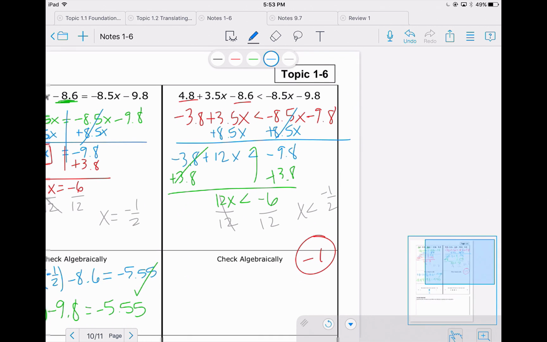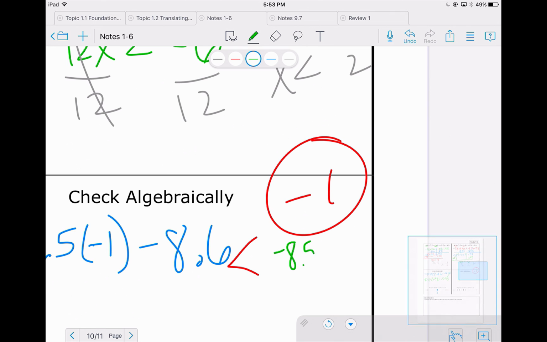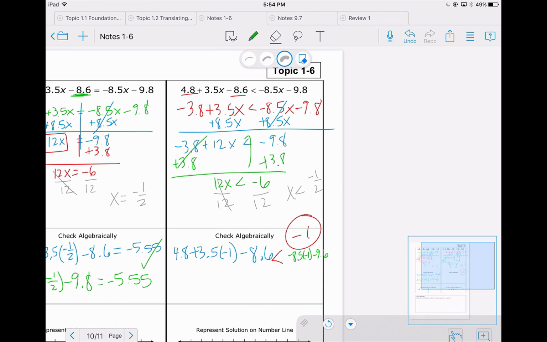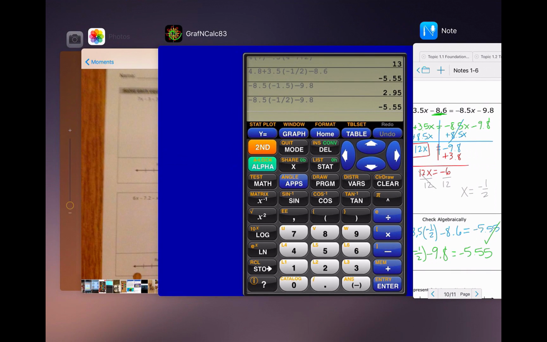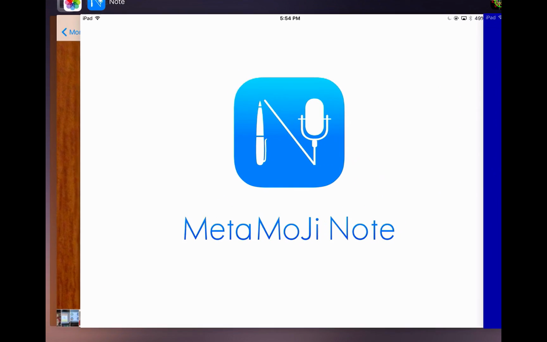So finishing up, I plug in 4.8 plus 3.5 times -1 minus 8.6. And I need to see if that is less than -8.5 times -1 minus 9.8. So 4.8 plus 3.5 times -1 minus 8.6 is -7.3.